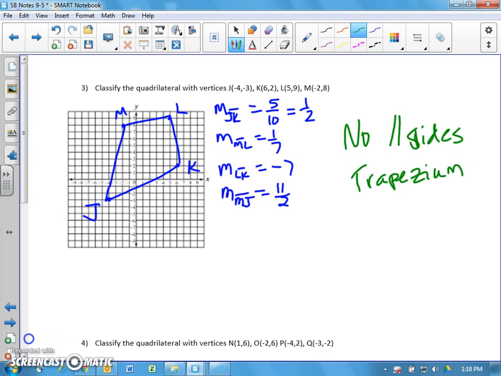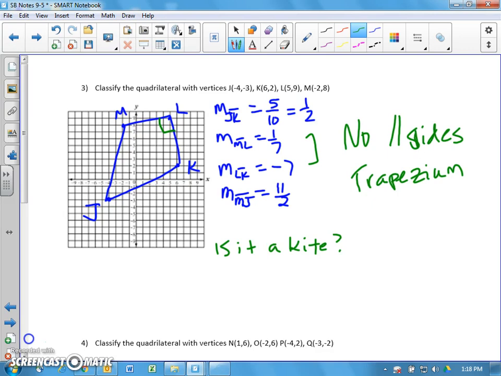Next question we have to ask ourselves is, is it a kite? It may also be interesting to note that right now I can tell that ML and LK are perpendicular. That's not really going to matter for this, since there's no way it could be a rectangle, but that is interesting to notice anyway. So to test to see if it's a kite, I need to find out if ML is congruent to LK and MJ is congruent to KJ.